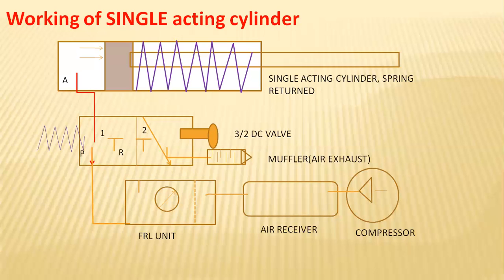And when air with high pressure enters, that causes the movement towards the forward stroke, and the spring gets strained due to the application of high force or pressurized air, nothing but in the form of compression, and creates the extension in the piston movement.